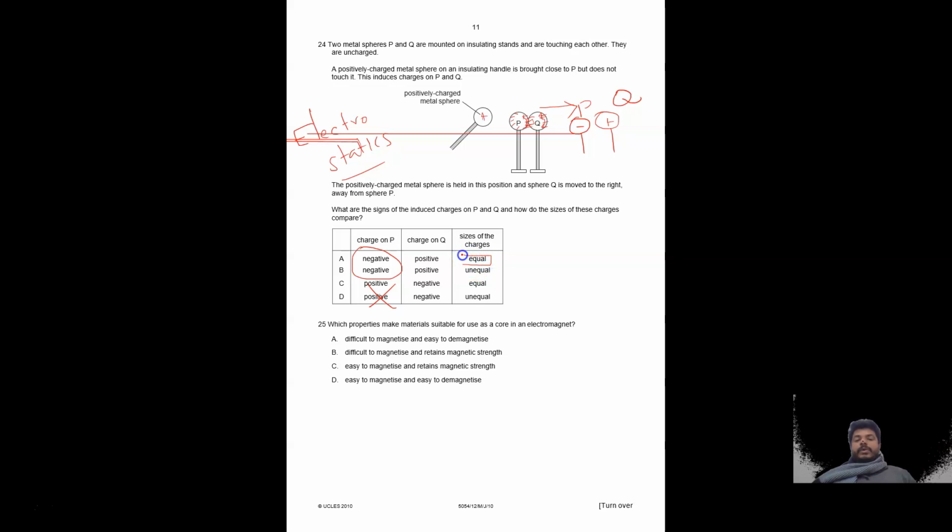It is always equal, because in induction the charges are not transferred; they just neutralize here and the remaining charges are here and there, so they are always equal. In this electrostatic induction topic, they ask this as a common question. The size of the charges is equal.